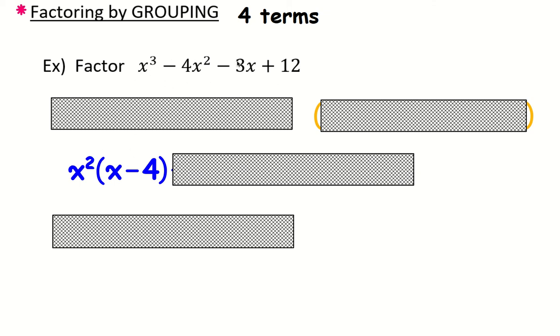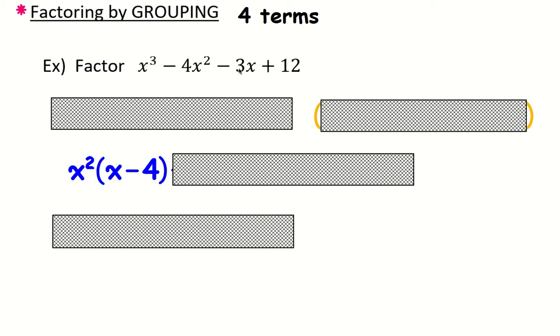And now here's something you might want to write down or make a really strong mental note of. When you have a negative here, if your first term is negative, you need to take out a negative GCF, just like we always have.